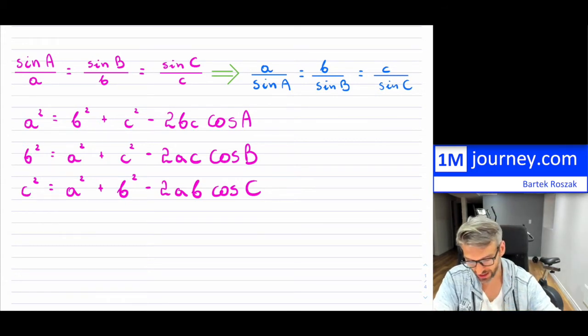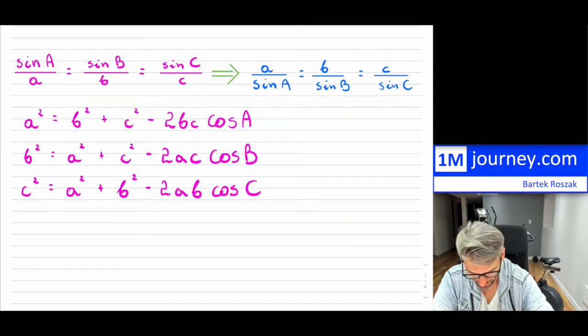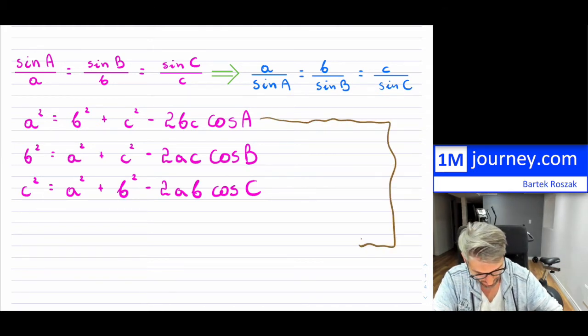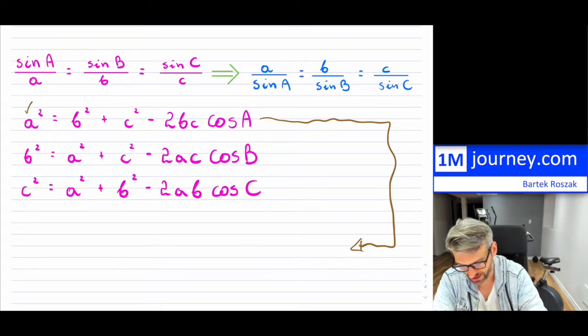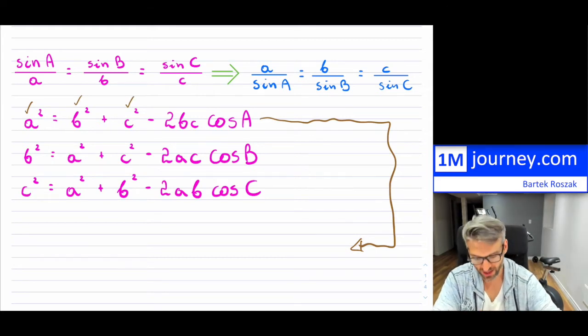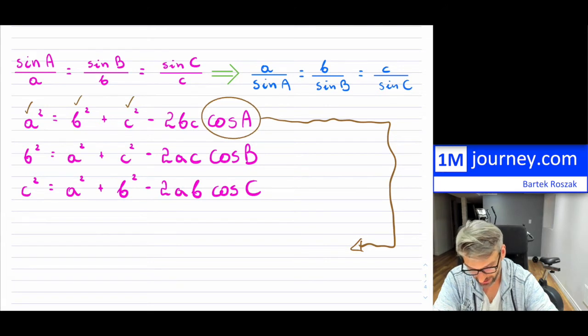Now, one thing that I will note, for example, I'll take the first one right here. If you know what all the sides are, A, B, and C, then you can isolate and solve for your angle, or for any angle for that matter.